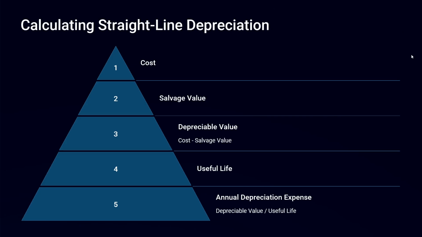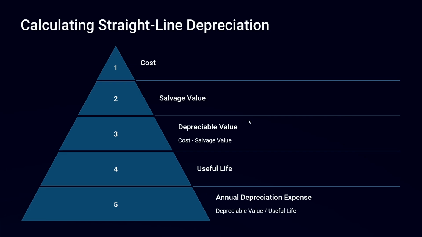The calculation for the straight-line method starts by determining the cost, which is the purchase price. Then we have salvage value. This is the estimated value at the end of the useful life. Then we get the depreciable value. This is the amount that should be depreciated, which is the difference between the cost of purchase minus the salvage value.